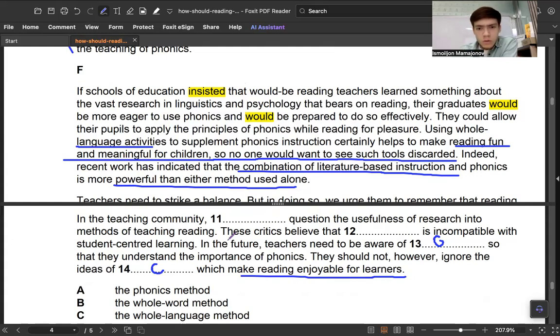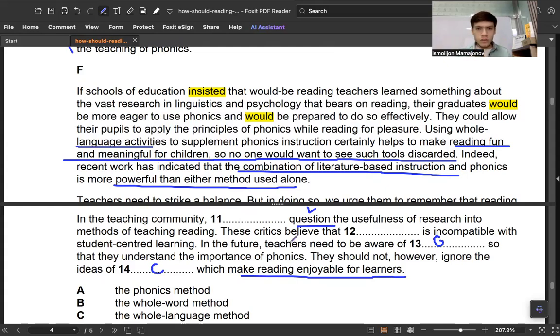In the teaching community, someone is questioning. So question is kind of a verb here. Questions the usefulness of research into methods of teaching reading. So they are questioning whether it's useful or not. Who are questioning?